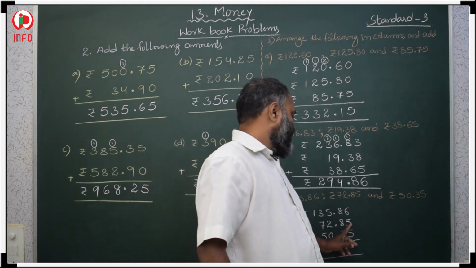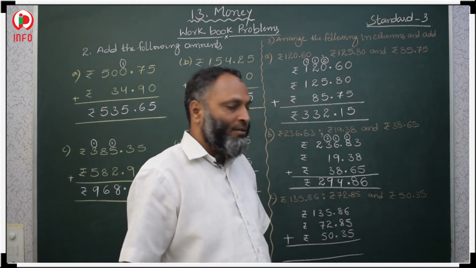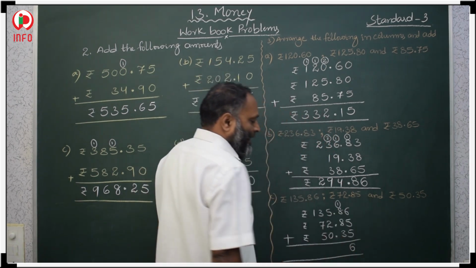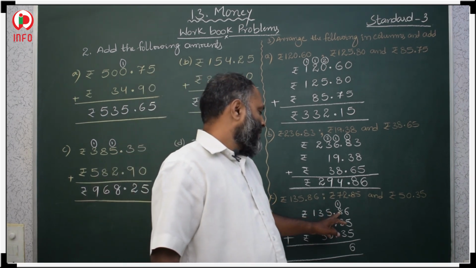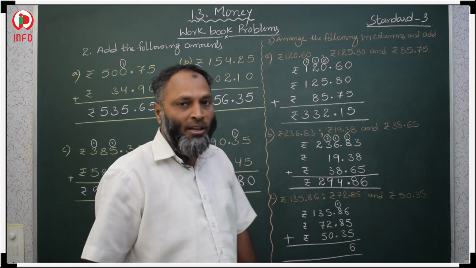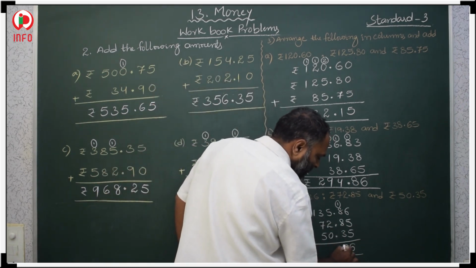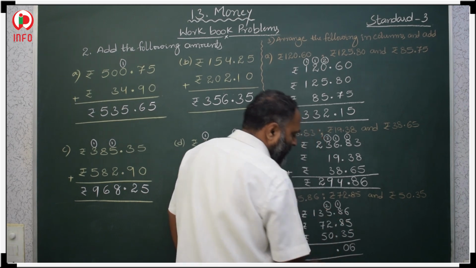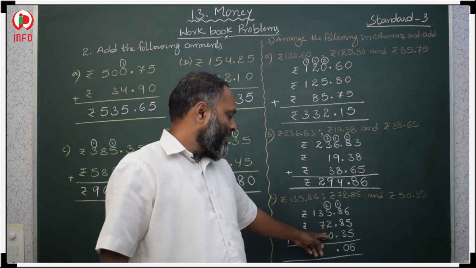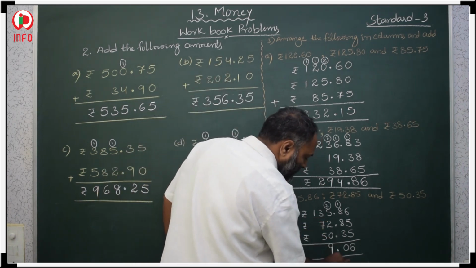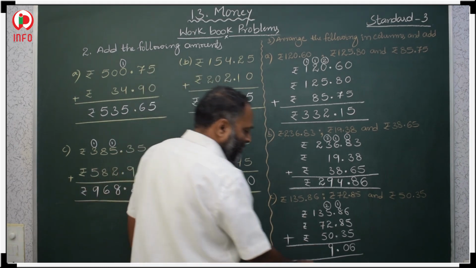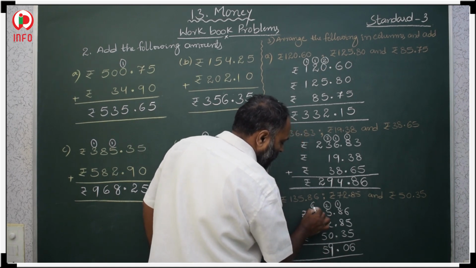Ones place, 6 plus 5, 11 plus 5, 16. 16 means 6 in the ones place of the paise, and we take carry over to the tens place. 8 plus 1, 9. 9 plus 8, 17. 17 plus 3, 20. 20 means 0 in the tens place, and 2 we take as carry over to the ones place of the rupees. 5 plus 2, 7 plus 2, 8, 9. 9 plus 0, 9. 7 plus 2, 7, 8, 9, 10. 10 plus 5, 15. 15 means 5 in the tens place and carry over here.